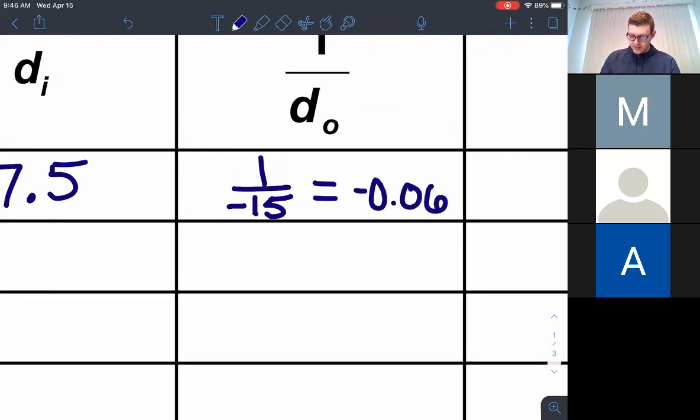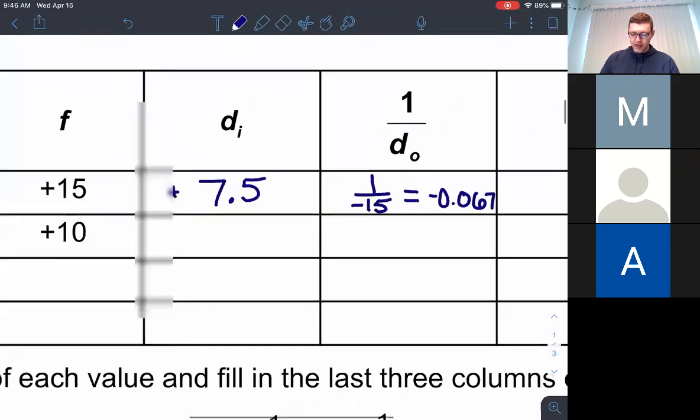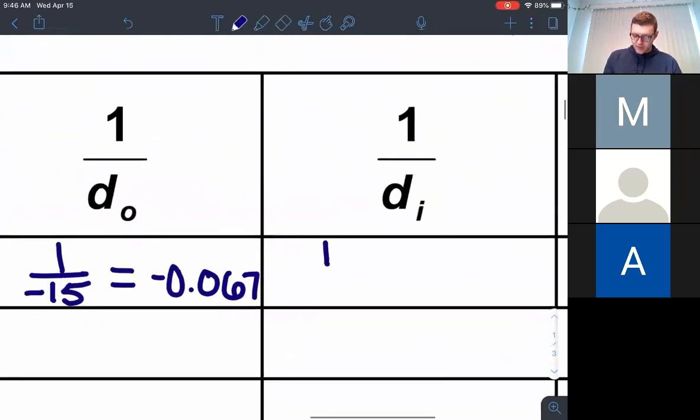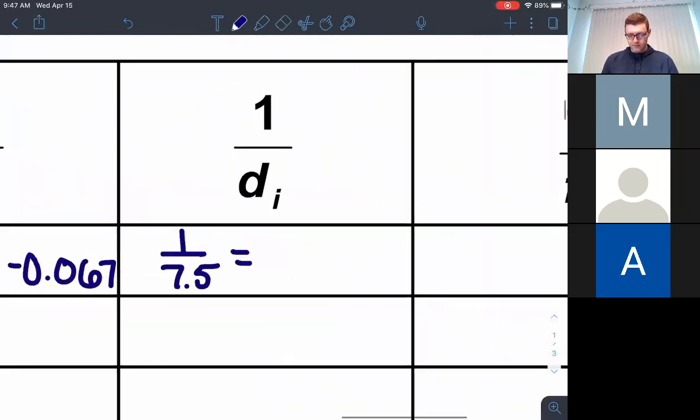Perfect. I'm just going to put 0.067. We'll just round it there. Then we have 1 over DI. That one's going to be 1 over 7.5. 0.13 repeating.